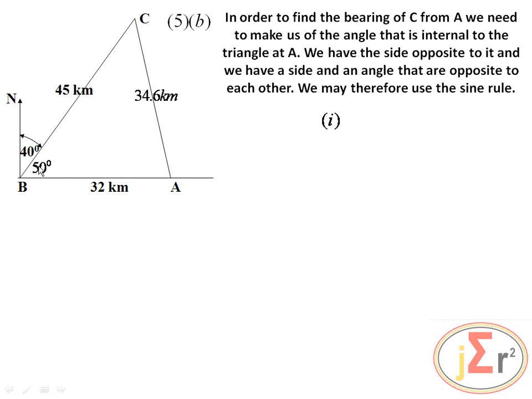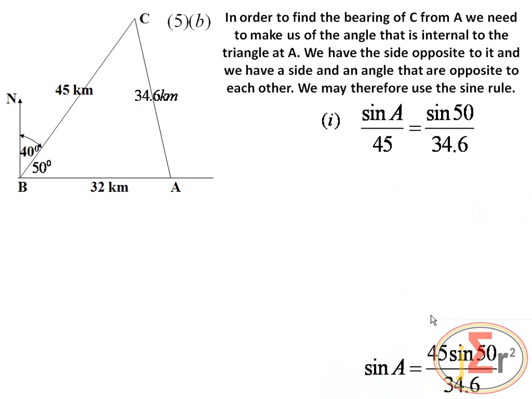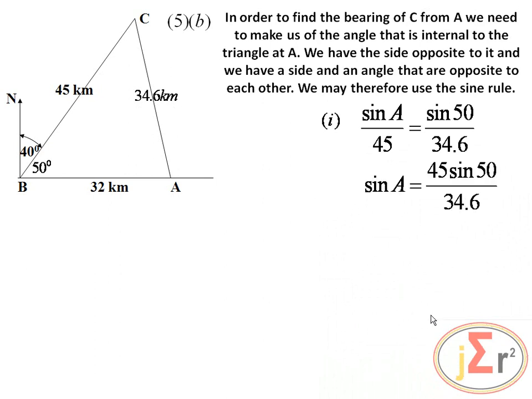So we have angle and opposite side. We need to find angle, and we have the opposite side. We may make use of the sine rule, that is always making use of angle and opposite side. So we have sine A over 45. Sine A over 45 is equal to sine 50 over 34.6. And by transposition, we have sine A is equal to 45 sine 50 over 34.6. That turns out to be 0.9963.